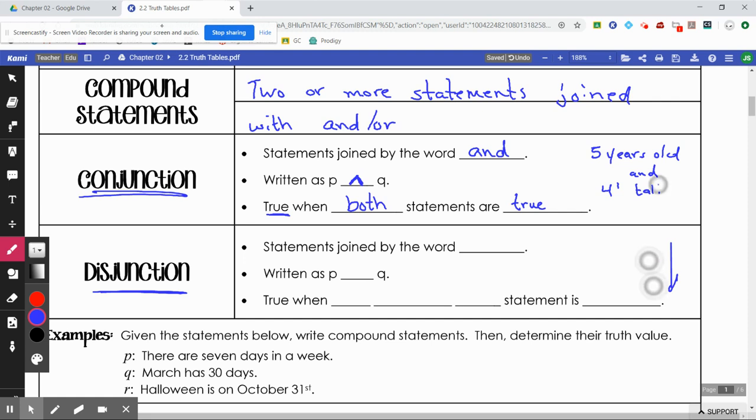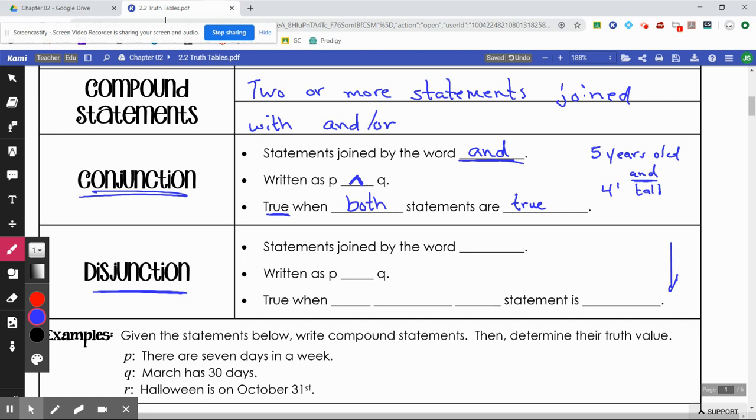Now this word and is very important here, because in order to ride this ride, you must be 5 years old and 4 feet tall. This is a conjunction. It's an and statement. So in order to ride this ride, 5 years old and 4 feet tall.